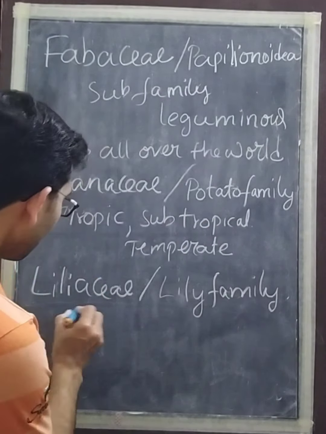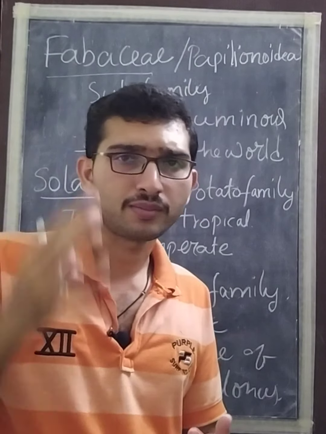The distribution of Solanaceae is confined to tropical, subtropical and temperate regions, while the Fabaceae family is distributed all over the world. Now let's see what the habit is in these families.